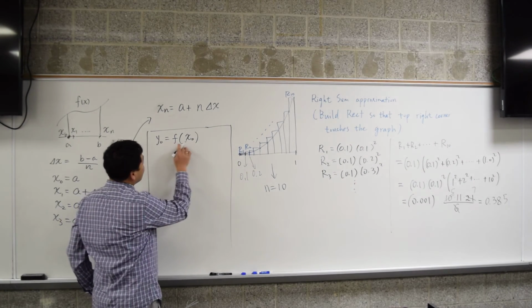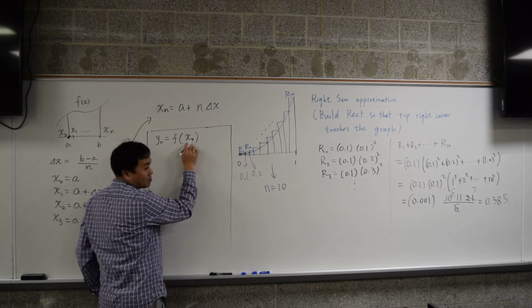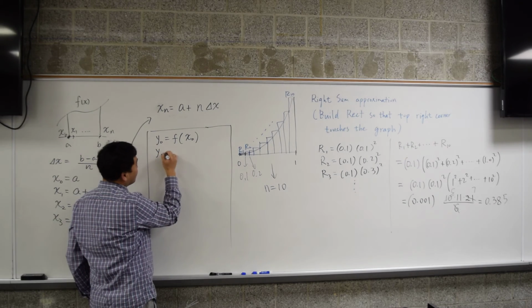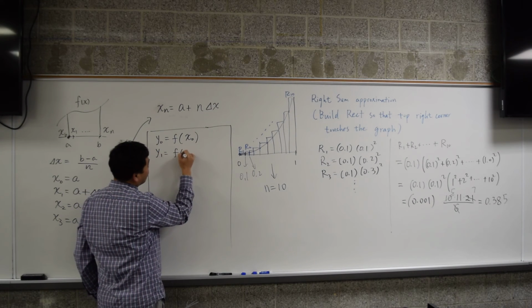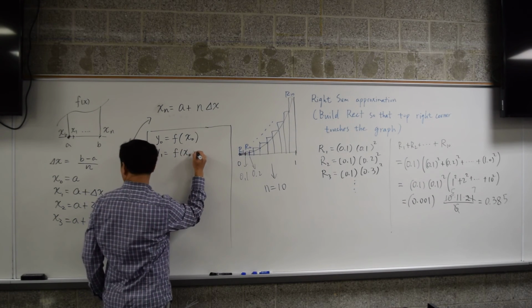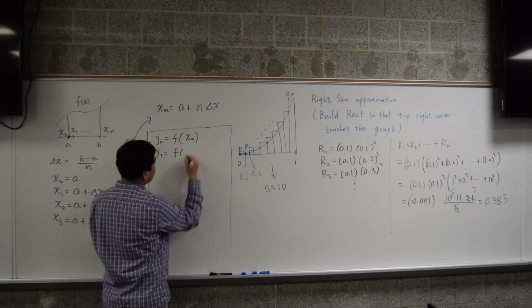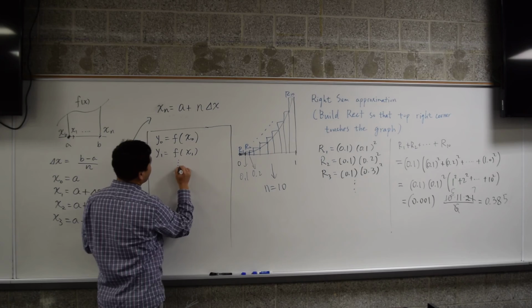So you have to evaluate the function at that x location to get the height. So y0 is f of x0, y1 is f of x1, and so on and so on.